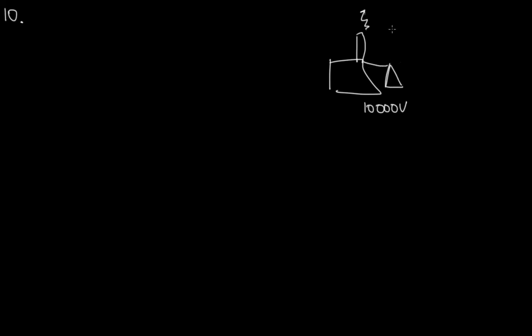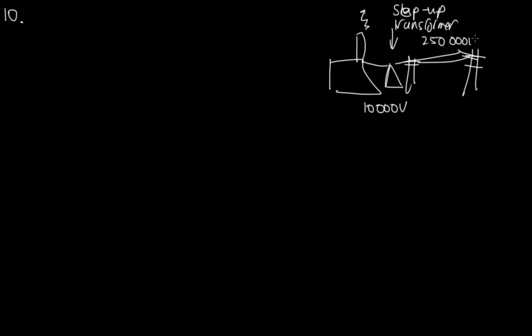Okay, so it'll go here to a step up transformer, and then it goes a long distance at 250,000 volts, and then it'll go down to a step down transformer where it comes out at 5,000 volts.